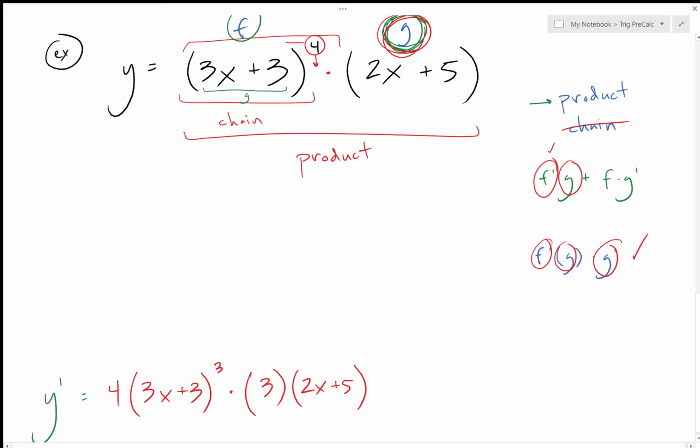So little check marks. I've done derivative of f. I've multiplied it by g plus regular f is just 3x plus 3 to the 4th power. Done. Derivative of g, the second part, just be a 2.